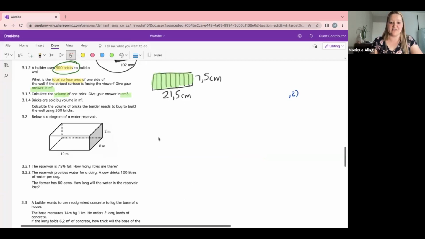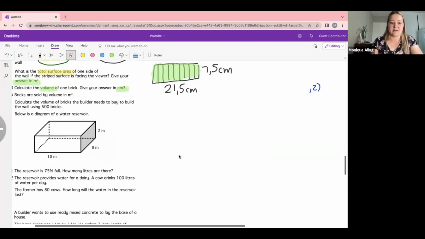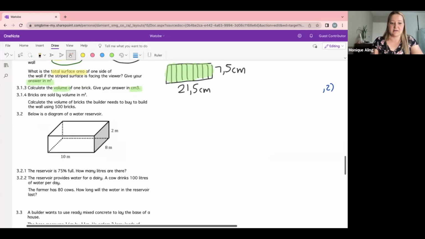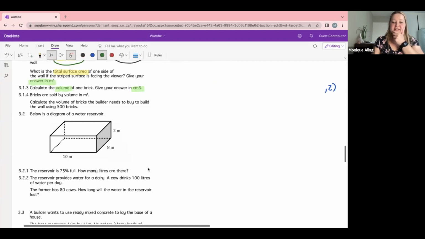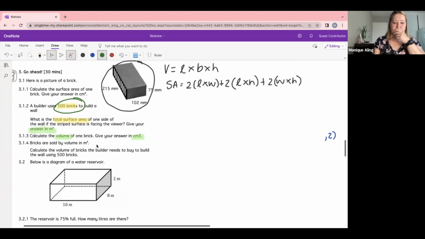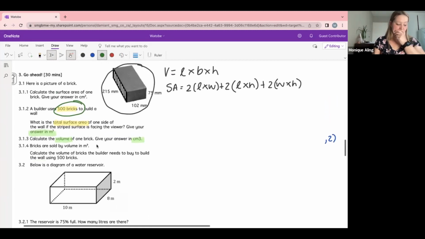Okay, I'm letting you guys roll with this one. Once you get your answer, let me know in the chat. Guys, just quickly, we are still looking at the brick at the top here.